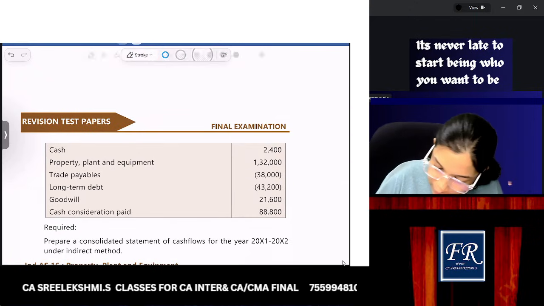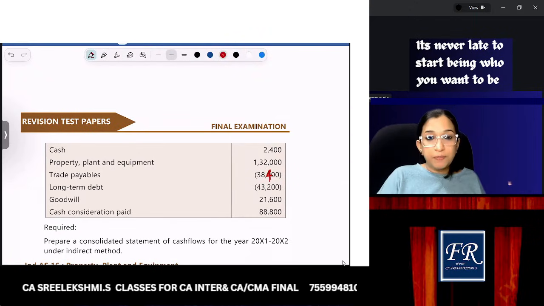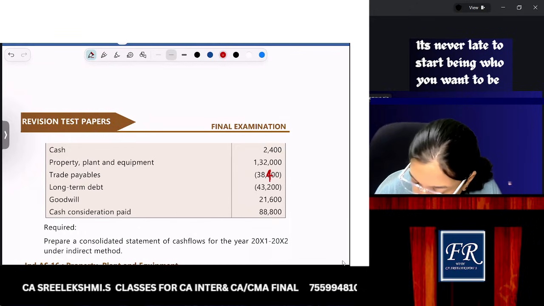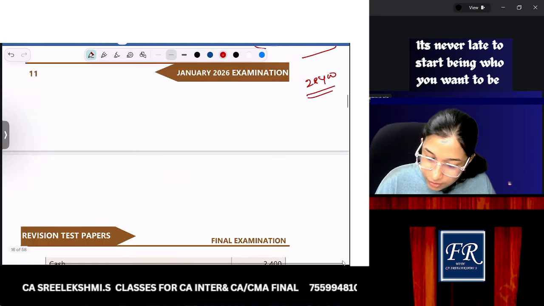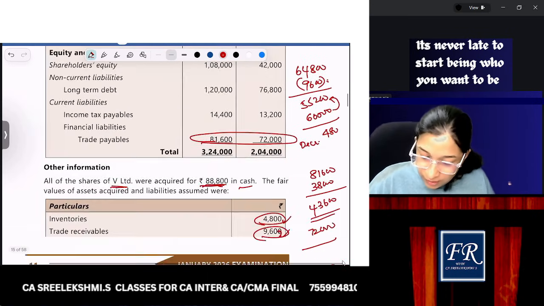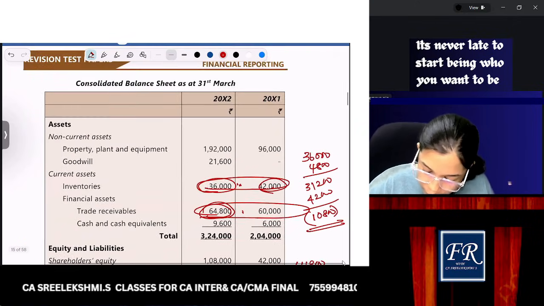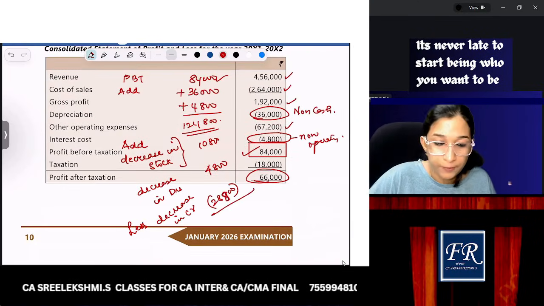Trade payables here is 38,400. So there is a typing mistake, a mismatch. Only if it is 38,400 will the totals tally and be correct. So in the answer solution they have taken 38,400. I have noted it. So here a 400 difference will come, and 28,800 is to be reduced.